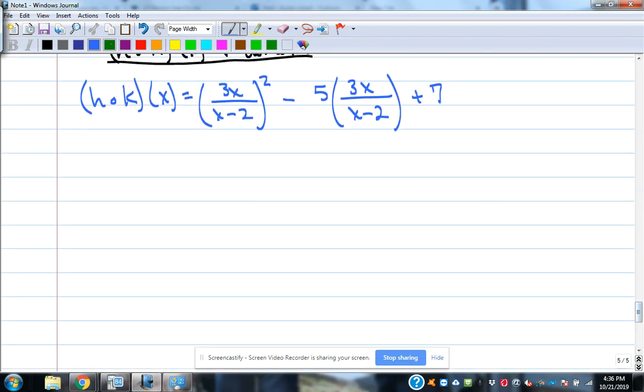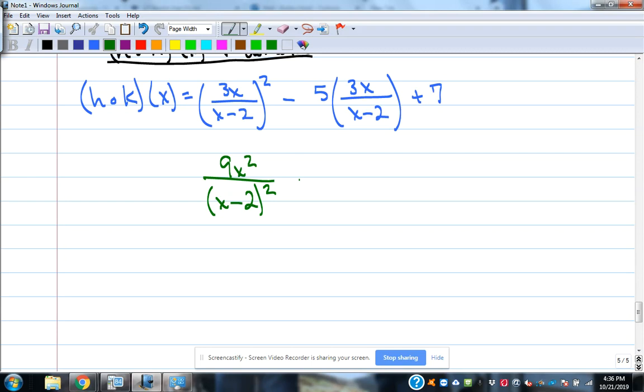Try to make it as simple as possible. When I square 3x over x minus 2, I'm going to square the numerator, and that'll be 9x squared. But on the denominator, I'm just going to write it as x minus 2 squared instead of multiplying it out, x minus 2 times x minus 2, because that's just going to make it longer.